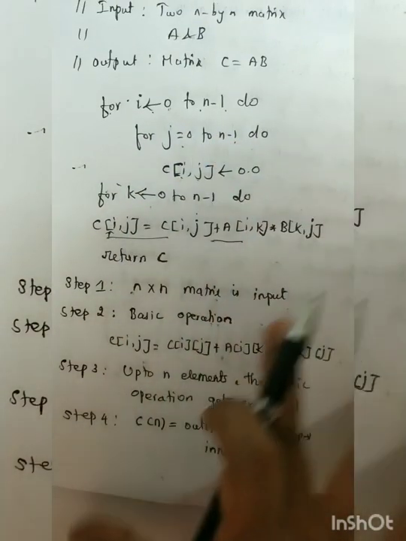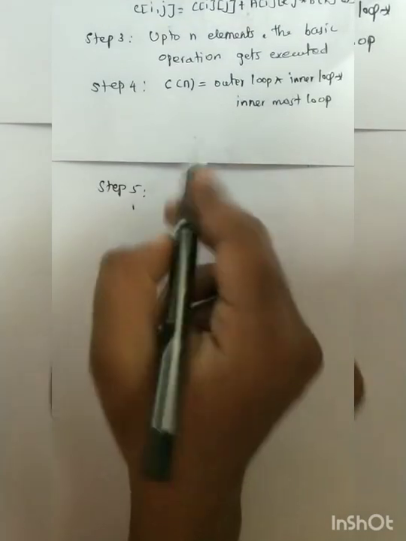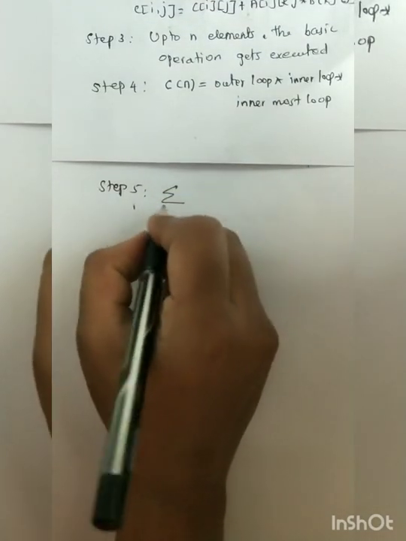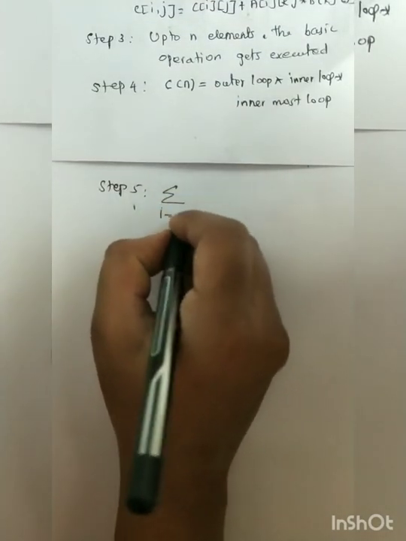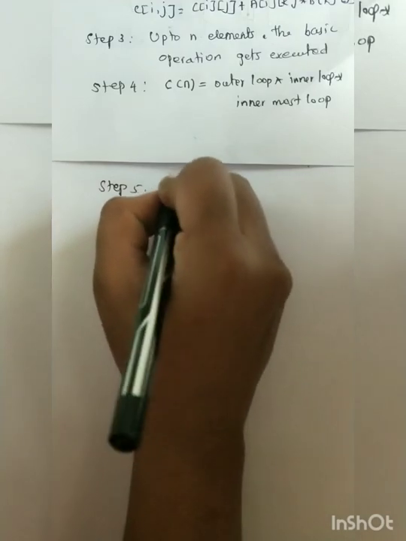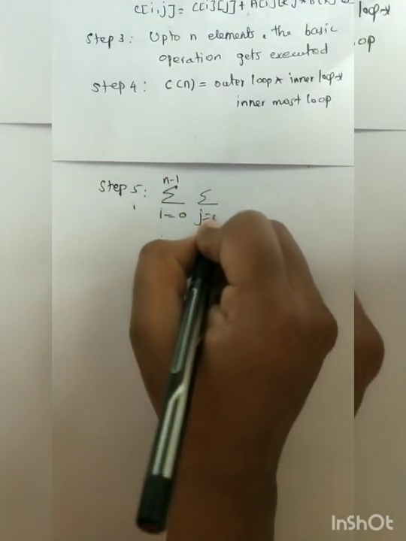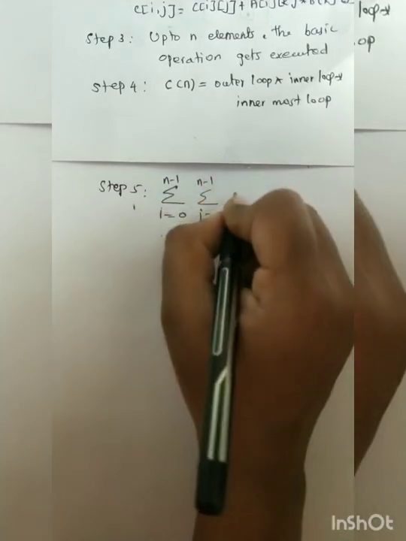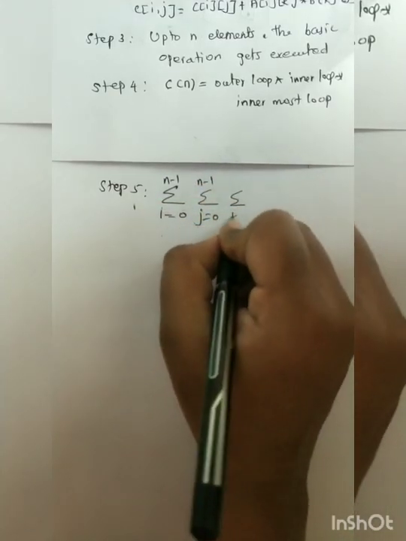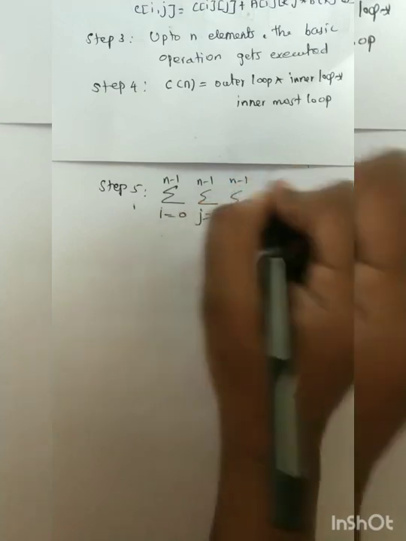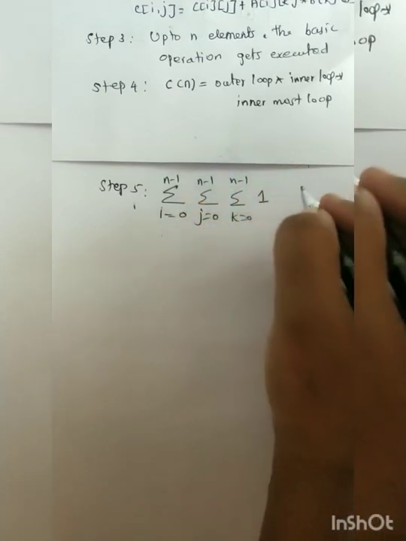So I am writing it as a summation. This is the outer loop: summation i equals 0 to n minus 1, summation j equals 0 to n minus 1, summation k equals 0 to n minus 1. Each will be executed once.